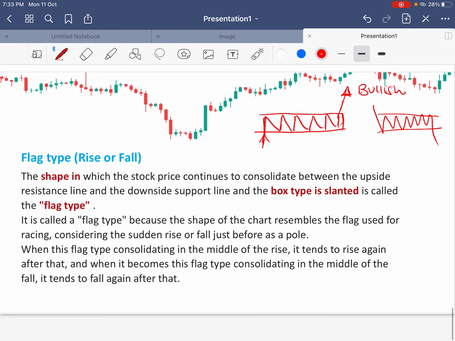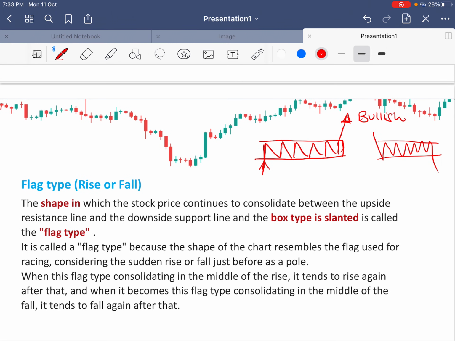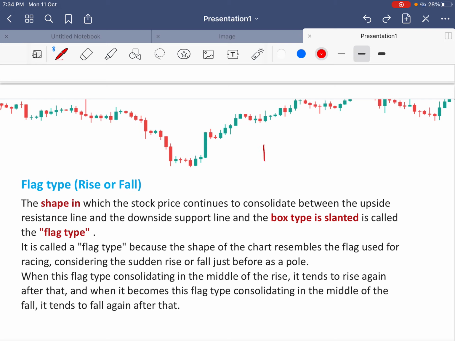So flag type is also a very important pattern, and this is our last pattern. A flag type pattern is basically formed from a pole and a flag. So what does that mean? Actually, if a bullish trend is trading like this, this is a pole and this is a flag.